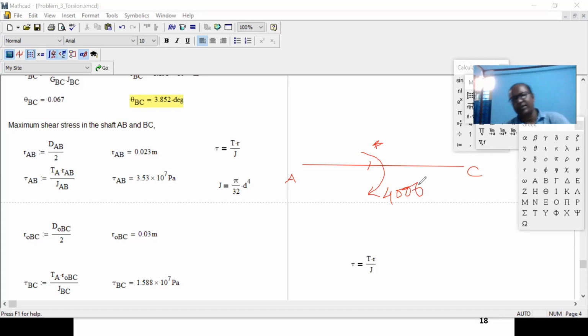This 4000, you cannot move because it is applied at this point B.